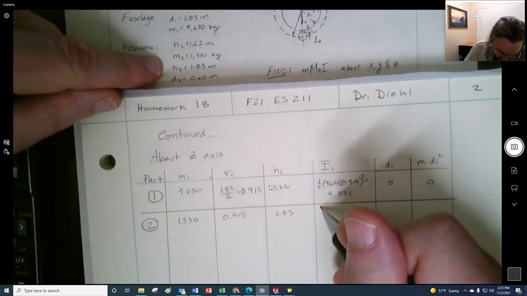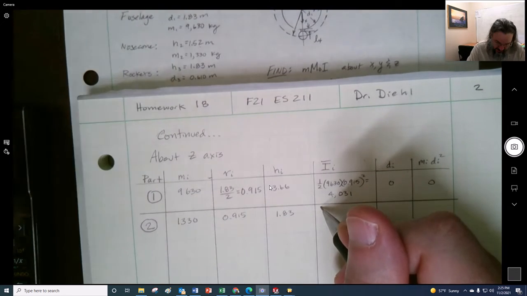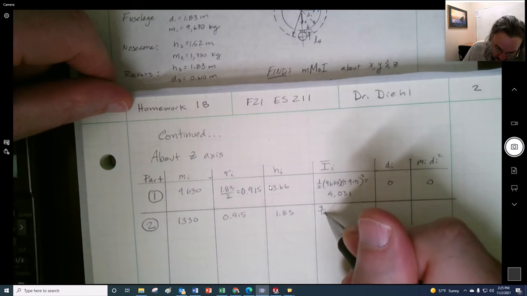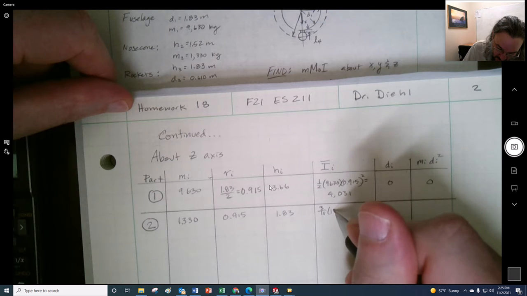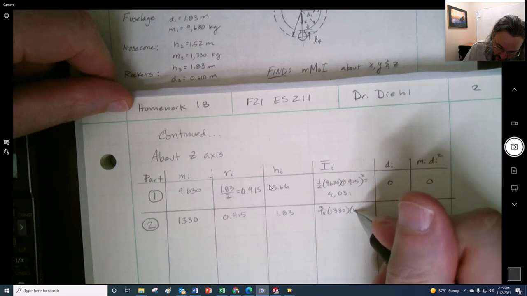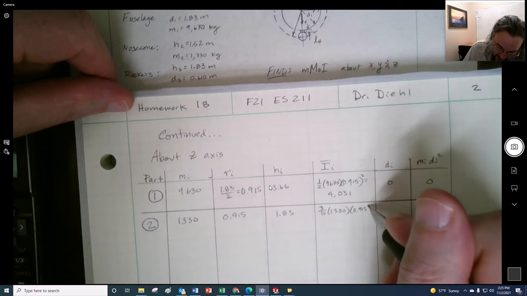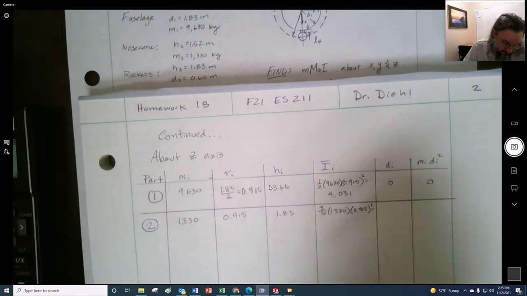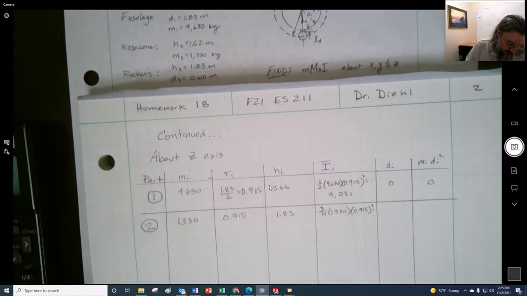So we're going to have our 3/10 times our 1330 and our radius squared of 0.915 squared. So 0.915 squared times 1330, times 3, divided by 10.